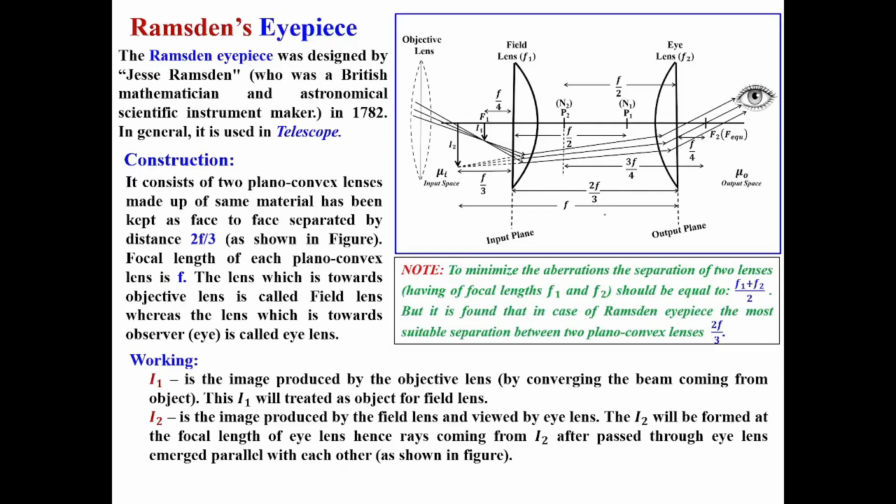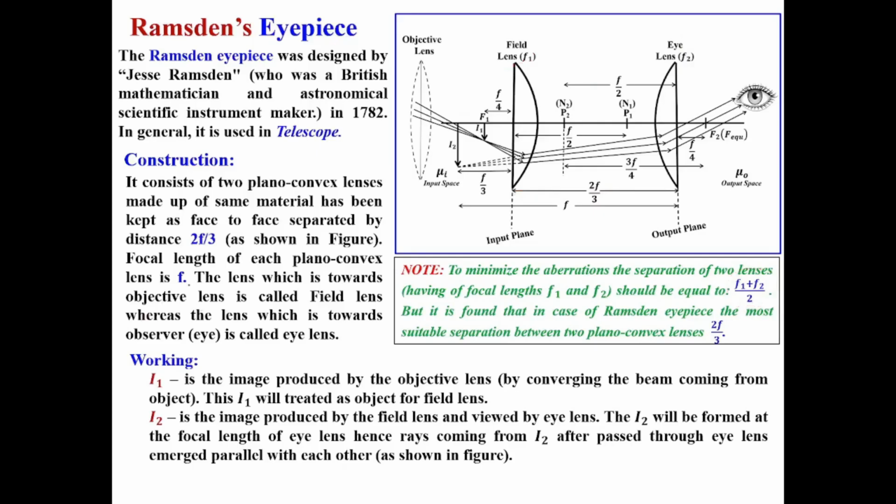To minimize the aberration, the separation of two lenses having focal lengths f1 and f2 should be equal to (f1 plus f2)/2. Suppose this lens has focal length f1, this lens has f2, and the separation should be (f1 plus f2)/2.